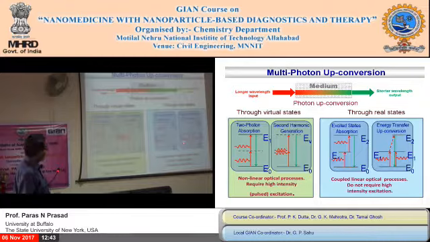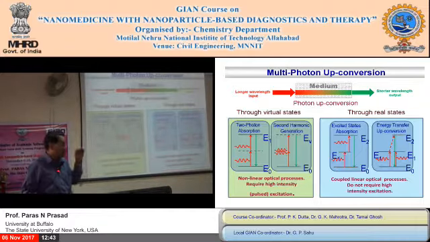This is called energy transfer upconversion, because now this second ion is excited here and it can emit a photon of higher energy. Okay, so this is upconversion through energy transfer, as well as upconversion through excited state absorption, both involving real states. And the beauty of this is that we can use a low power light source to do upconversion.